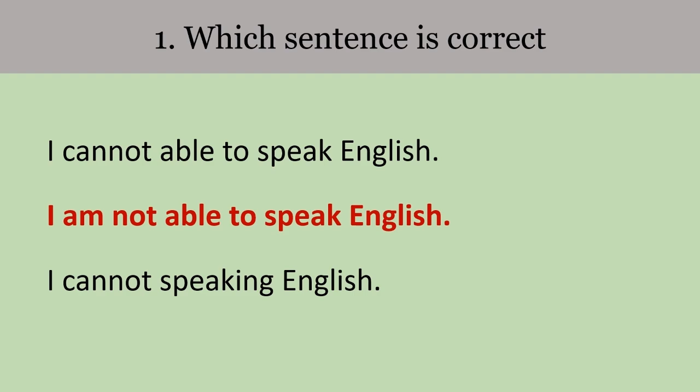That is not correct. I cannot speaking also you cannot say, because speaking can never be used without a helping verb, and speaking cannot be used with the modal auxiliary verb. It never follows the modal. The modal we have to follow by saying cannot speak. I cannot speak English would have been correct, but this is not correct.